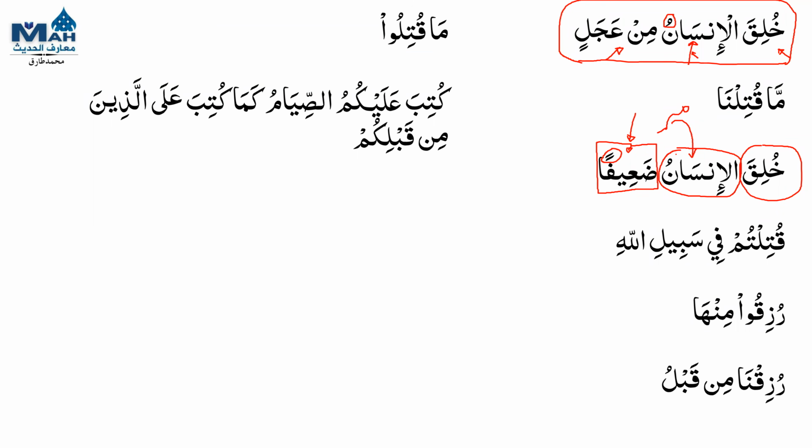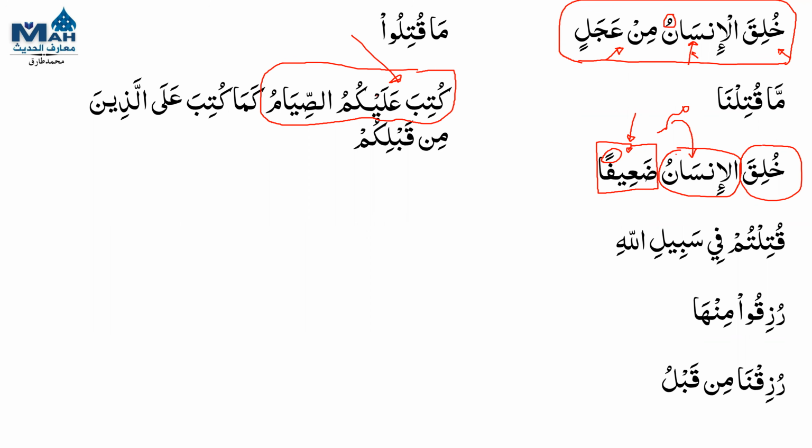Okay. Next ayah, please read it. كتب عليكم الصيام كما كتب على الذين من قبلكم. كتب is the passive verb, and عليكم is the naibul fa'il. No. How will you make alaykum the naibul fa'il? Subhanallah. Jar majroor.